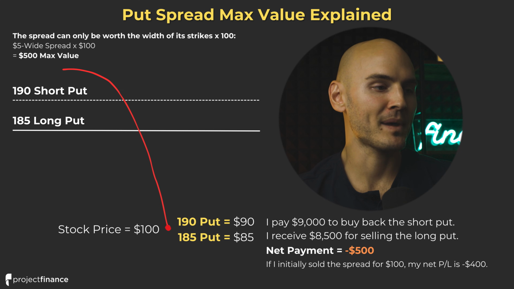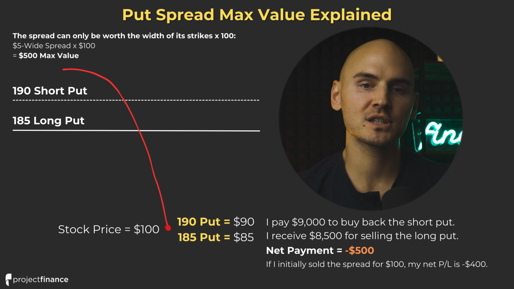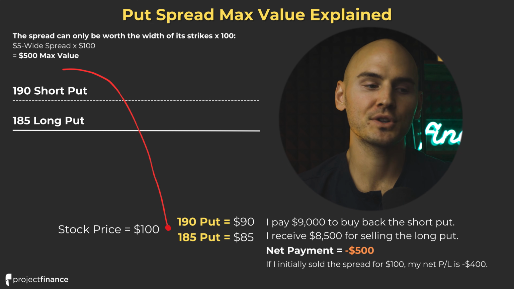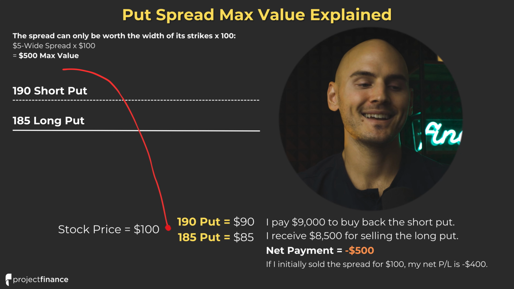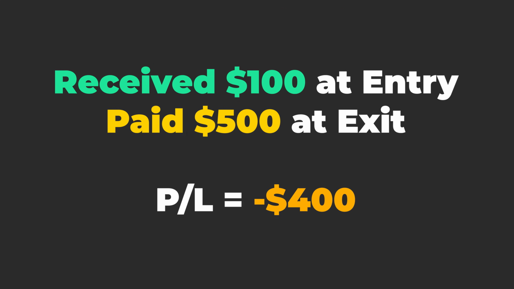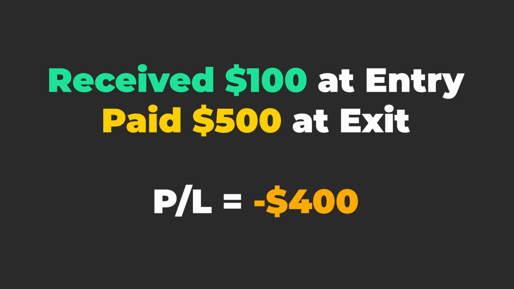And that means since I paid $9,000 and received $8,500, the net payment I make to close this put spread is $500. And if I initially sold the spread for $100, that means my net P&L is negative $400 since I collected $100 initially to sell the spread and I had to pay $500 to buy it back at the time of expiration. And so that's why the width of the strikes is the max value of the spread.